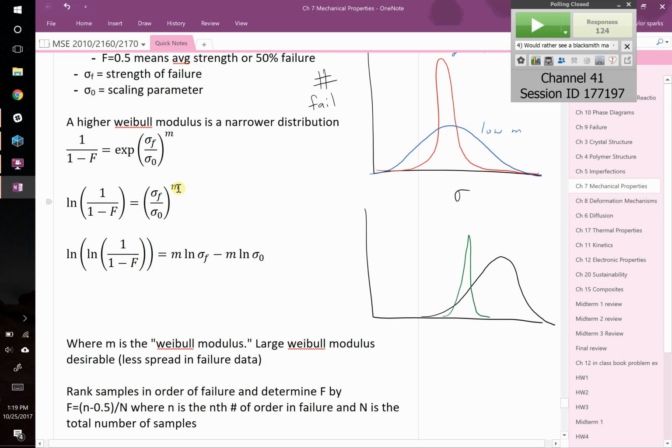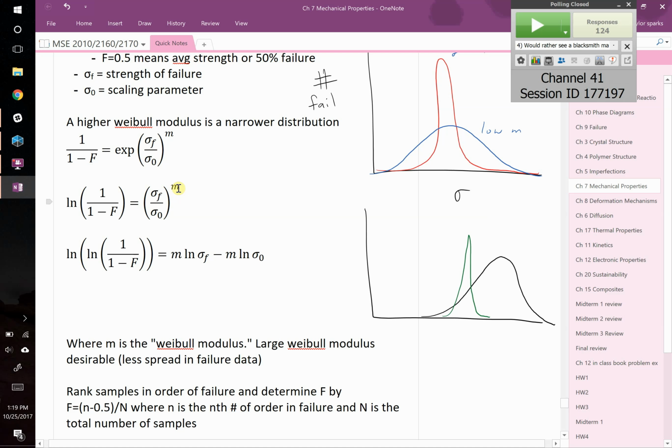We figured out our failure probability. We turned that into natural log of 1 over 1 minus f. What do we do next to figure out the stress that we can take these things up to? Anyone want to take a stab at this? What's our next step? Yeah, what do you think?